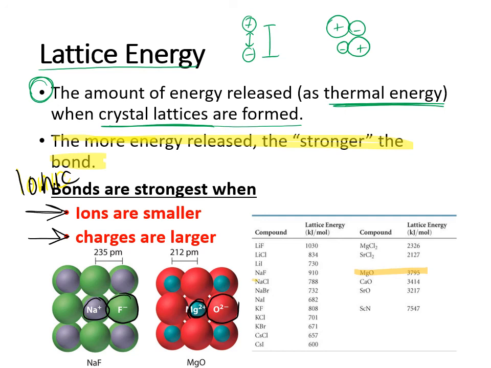Sodium chloride, for the same amount, 1 mole, is 788. So I was right. The small magnesium and the greater charge, the magnesium and the oxygen, releases more energy. There was more electrostatic potential energy between them because they were a higher charge and smaller. Therefore, more energy was released when they finally got together.